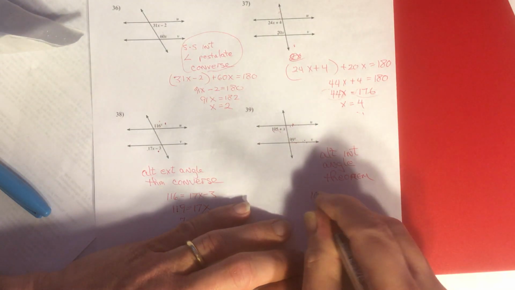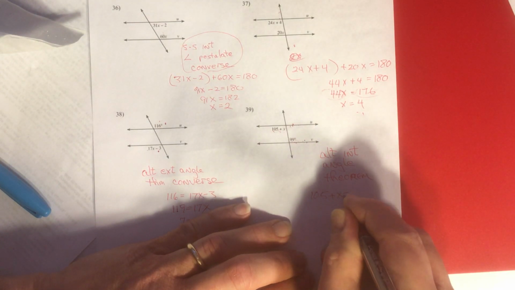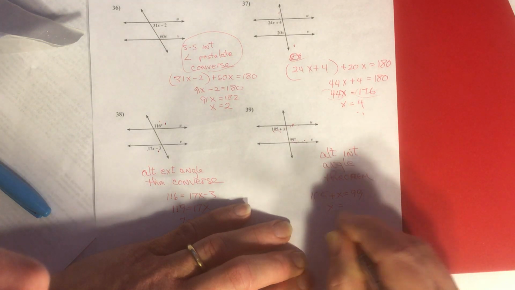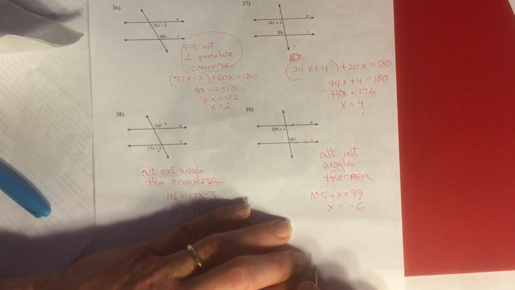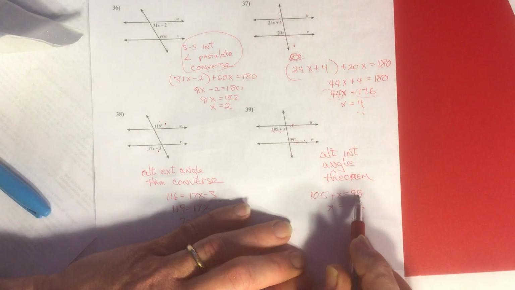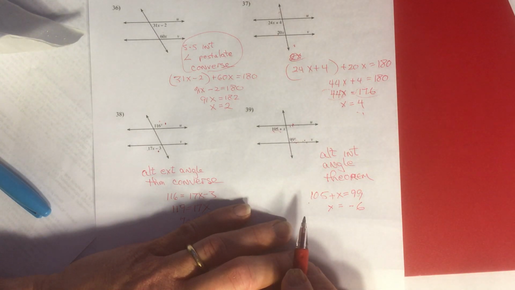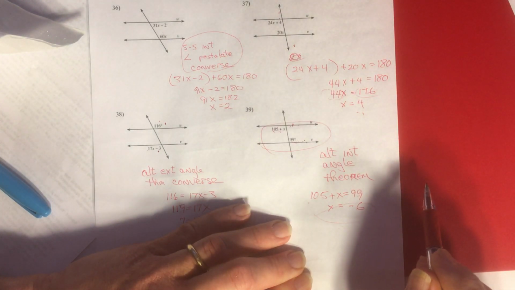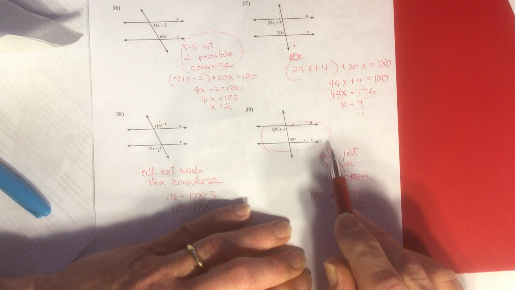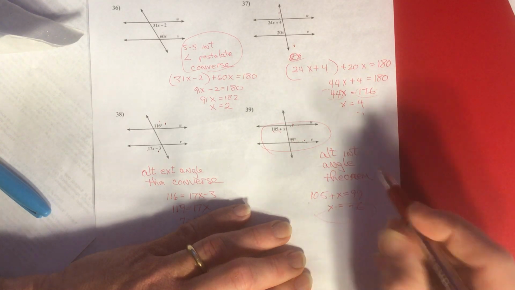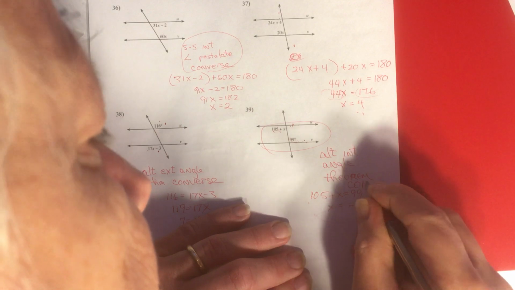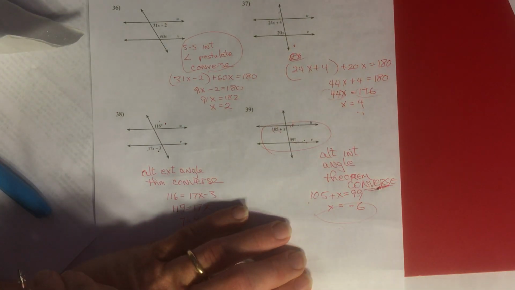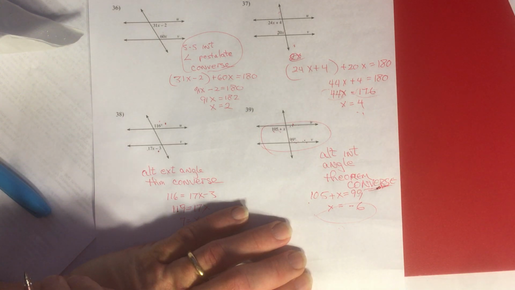So if 105 plus x is equal to 99, then x is equal to, what, negative 6, subtracting 99 minus 105. And if x is equal to negative 6, then the lines are parallel. That's the alternate interior angle theorem converse. And that's the packet.